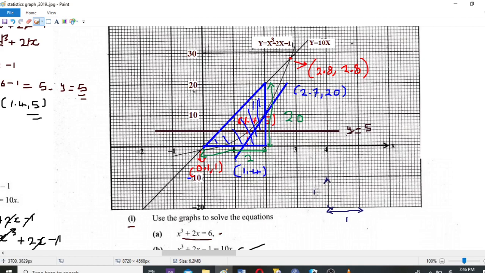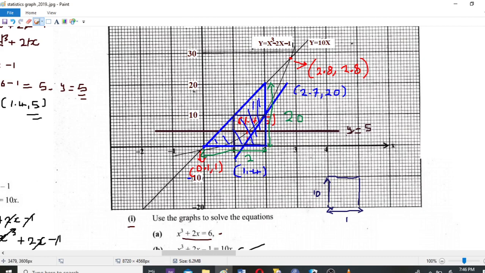So the area of one complete box is 10 units. From this one, how many boxes can you have? This box within the triangle is a complete one, so that means you have 10.